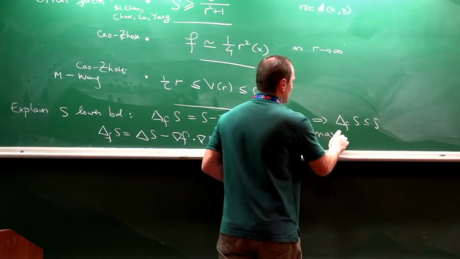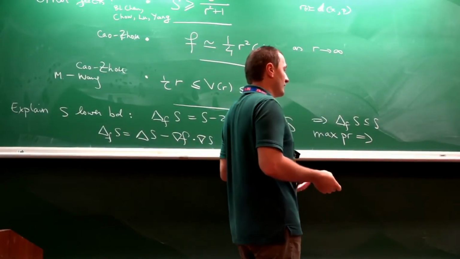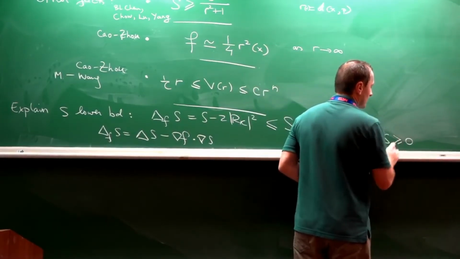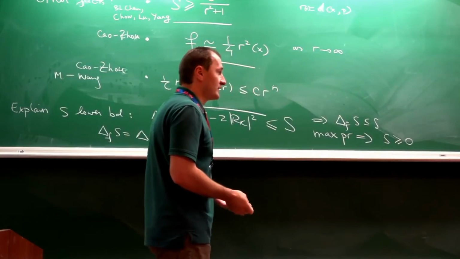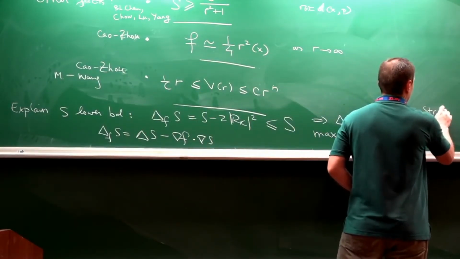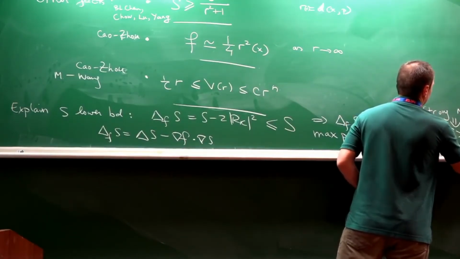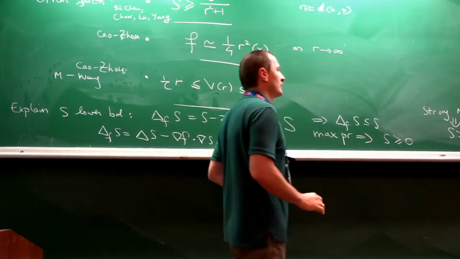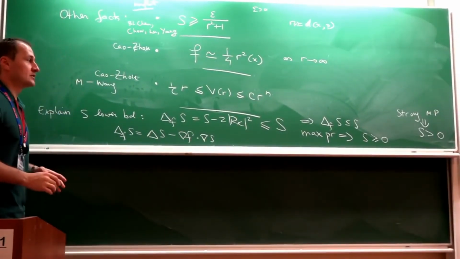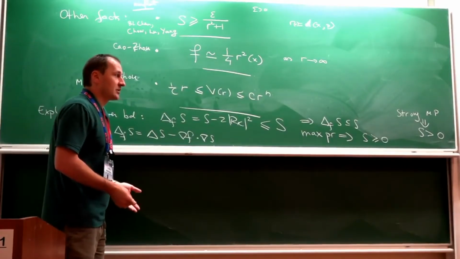If I can use the maximum principle, I will get that at the minimum point of S, this is non-negative, so I will get S to be non-negative. Strong maximum principle, I get that either flat or strictly positive. Again, I don't care about the flat case, so I'll just say S is strictly positive.